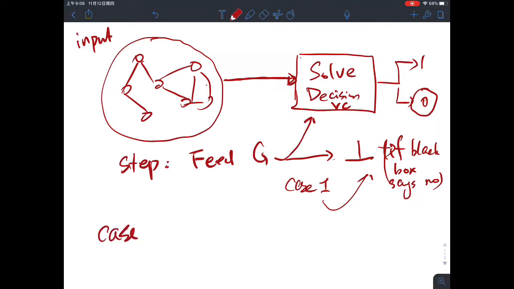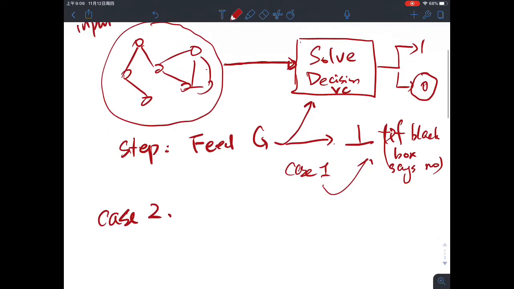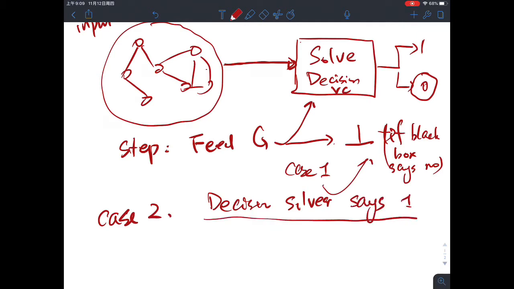In case the decision solver says yes, now the business starts to begin, because we really now need to find an exact subset of vertices that cover all the edges.